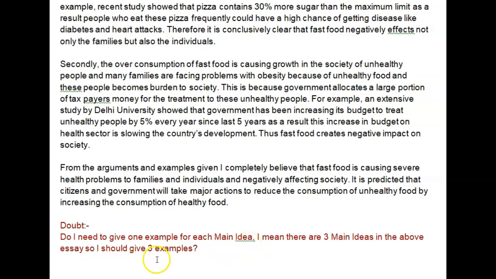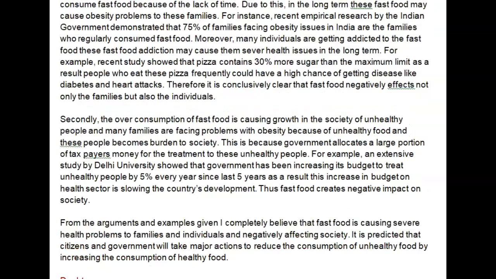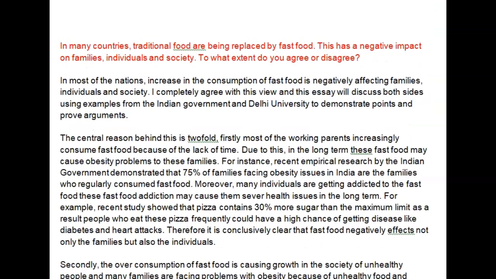Well, I don't really understand your question. I don't understand the question, but let me tell you what I would change here. So, you are absolutely right that you needed to address families, individuals, and society. Okay? Where you ran into some problems was with this introduction. This is absolutely the wrong statement here.